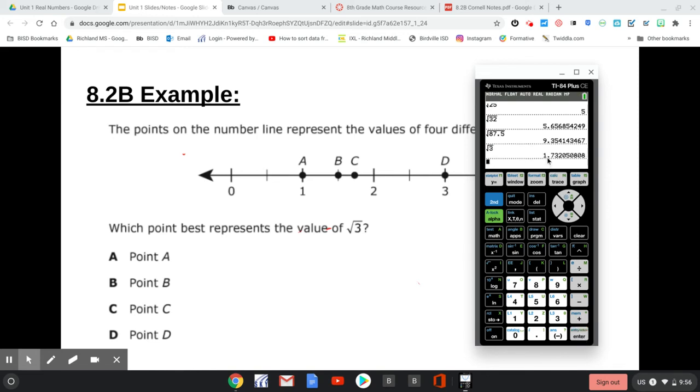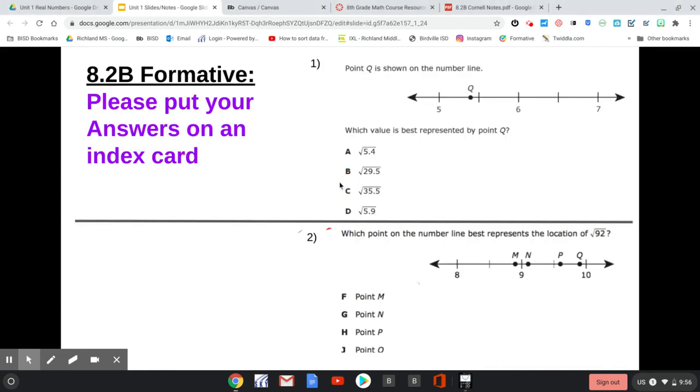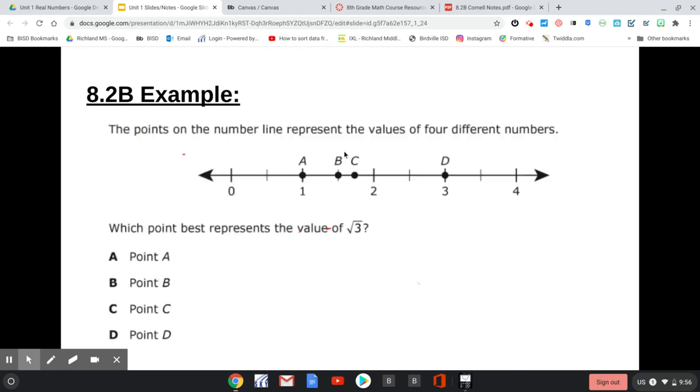We know the square root of 3 is 1.7. On this graph, we see the number 1 and the number 2. And we can see that B is halfway across, and we're looking for 1.7. So that would be closer to 2. So our answer is C.